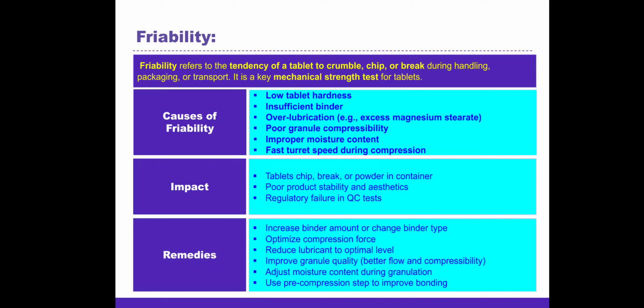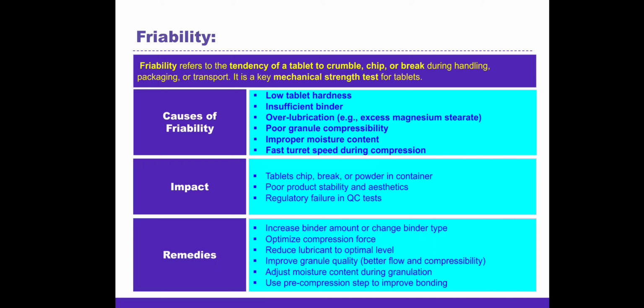If we are keeping a fast machine speed during the compression stage, sufficient force will not be applied for each and every punch set. So we have to keep the proper compression force and, simultaneously, proper machine speed, so that each punch set or each station will get proper exposure of compression force and will not see the friability problem.